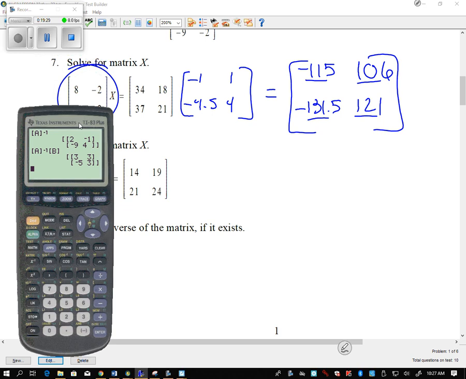Now, the only thing that I can see, like with example 3 in the book, is that what they went through to get the inverse for matrix A seems to be less than what we did. From our understanding of finding the inverse of a 2 by 2 matrix, if you look at their solution, they don't actually multiply by that determinant fraction.